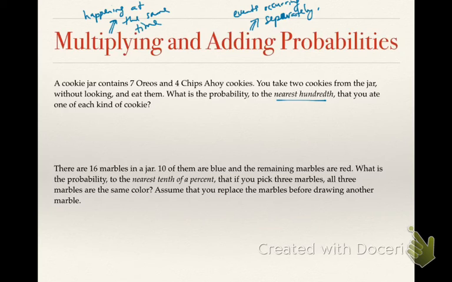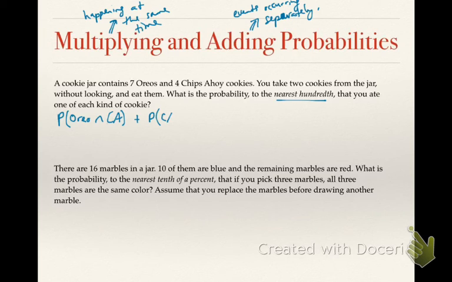So think about this. You're looking at the probability of one of each kind. So if you picked an Oreo first, then your next one's going to be a Chips Ahoy. That's one event occurring, so it's going to be involving multiplication. But what happens if you pick the Chips Ahoy first?